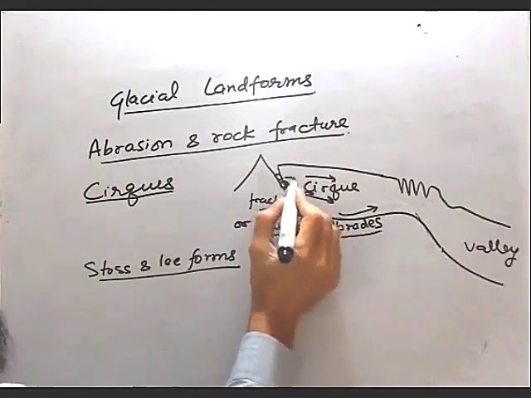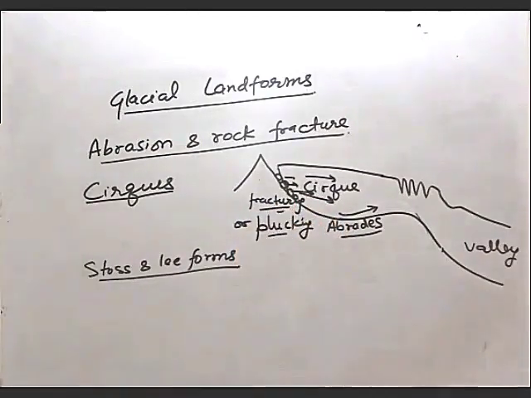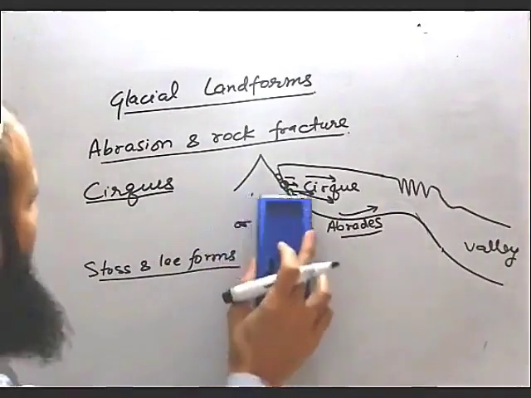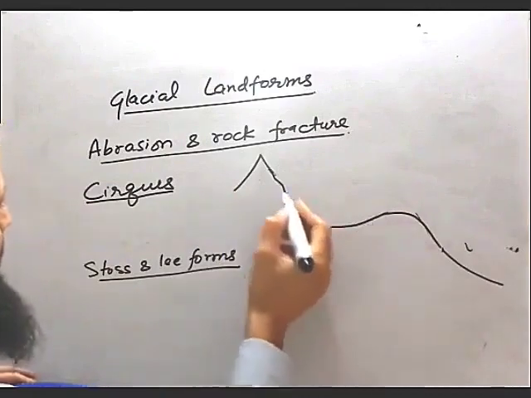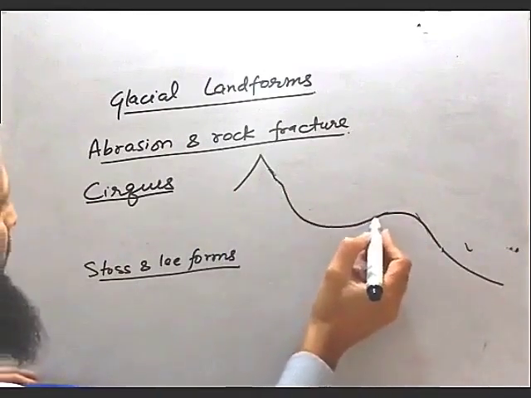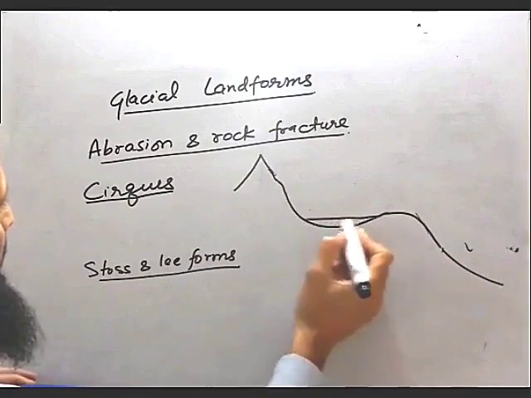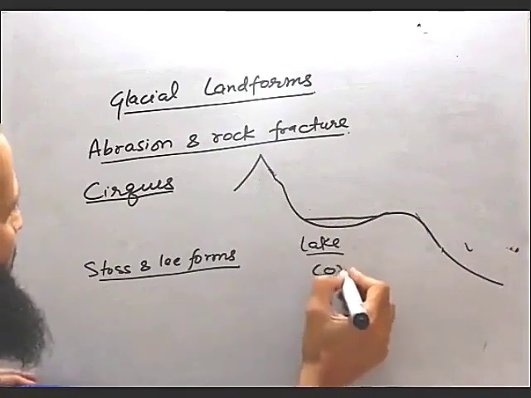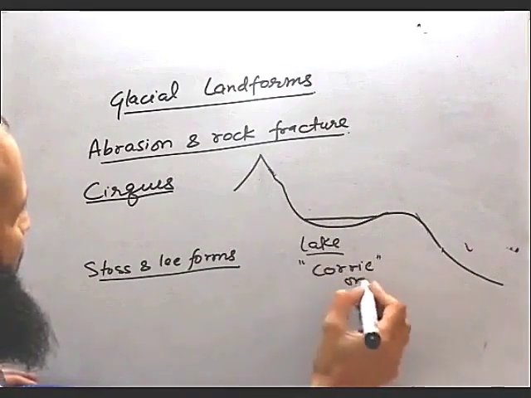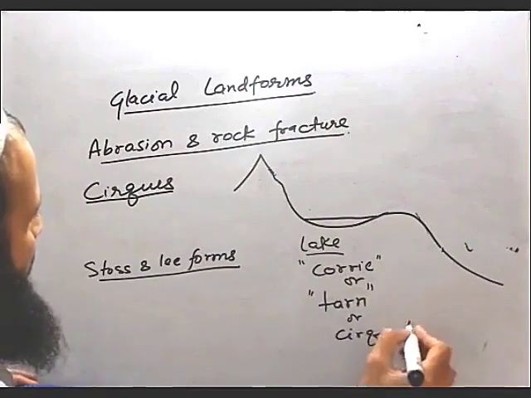This will be taken out, and in this way the cirques will develop. After the glacial ice has gone, we can see an armchair shaped hollow, and this may contain a small lake known as a tarn, or simply cirque lake.